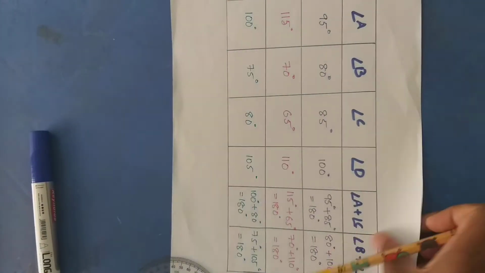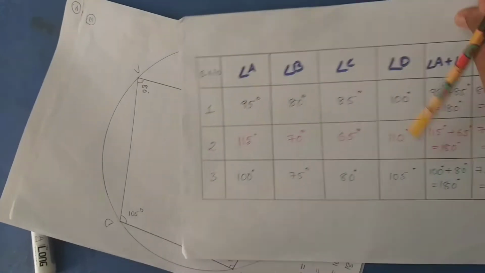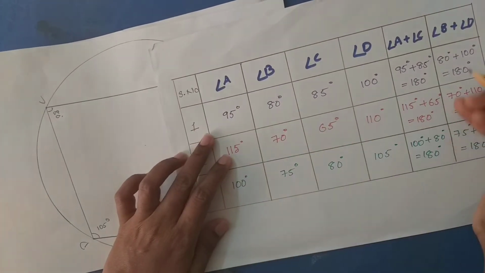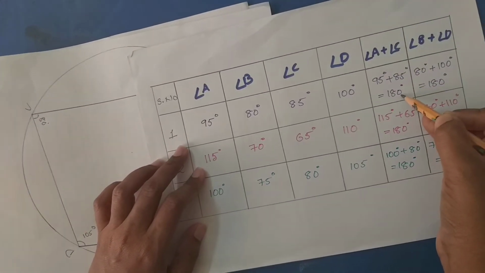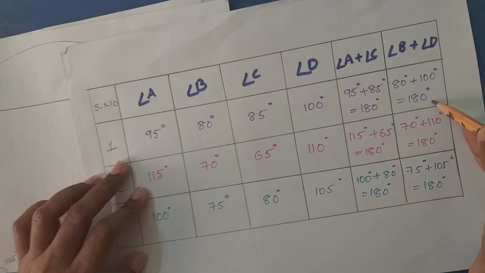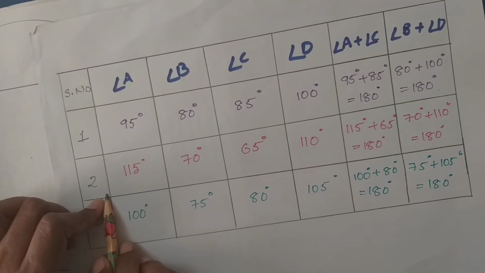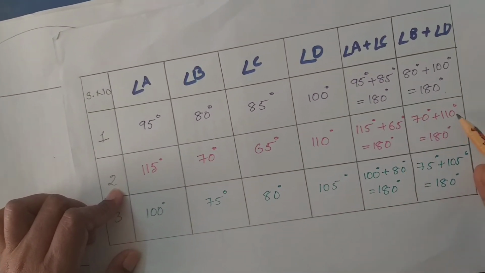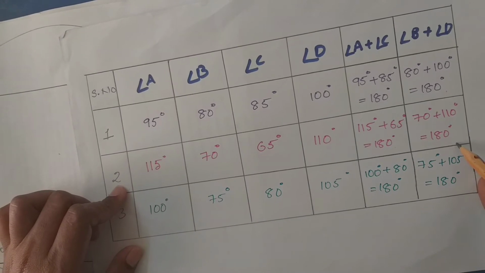So all the angles are here. First cyclic quadrilateral: angle A plus angle C equals 180 degrees, angle B plus angle D equals 180 degrees. Second cyclic quadrilateral: the same. Third cyclic quadrilateral: angle A plus angle C equals 180 degrees, angle B plus angle D equals 180 degrees.